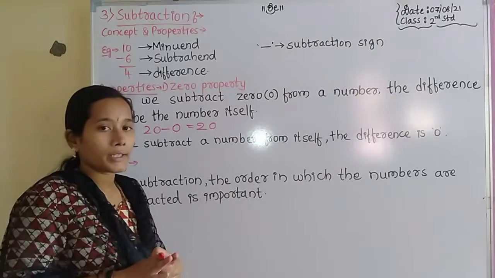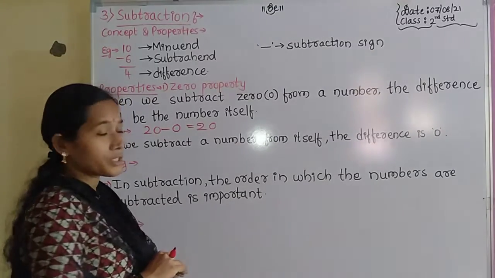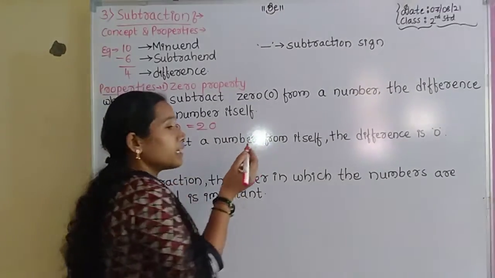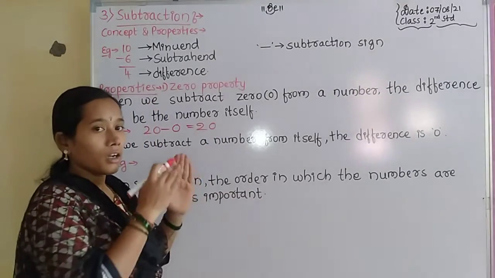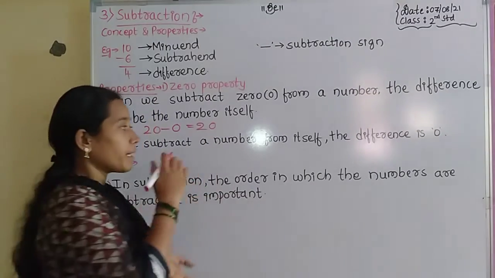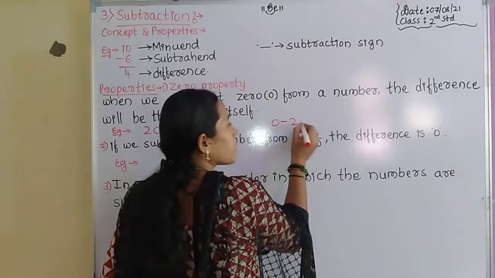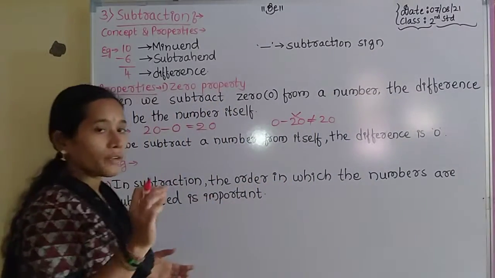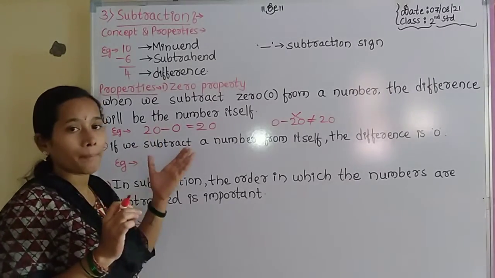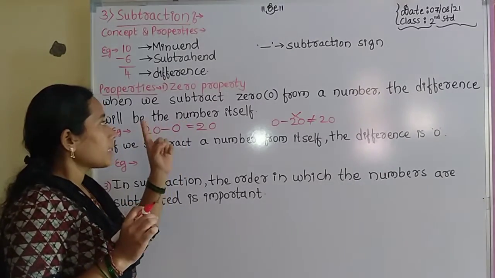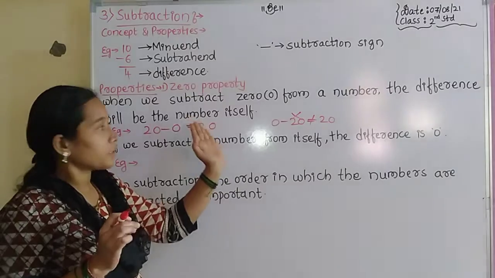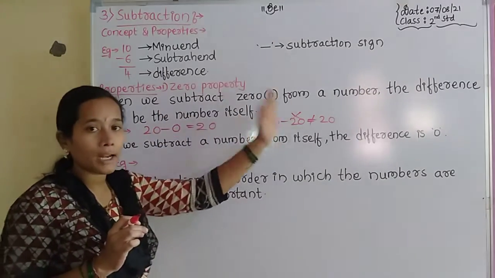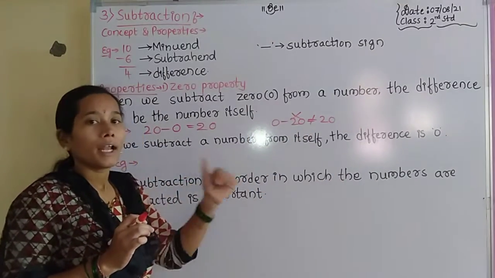So it is the zero property. But in addition we can add or subtract from 0, but here 0 minus 20 is not equal to 20. It is wrong. Only one order will be applied here: when we subtract 0 from a number, the difference will be the number itself.